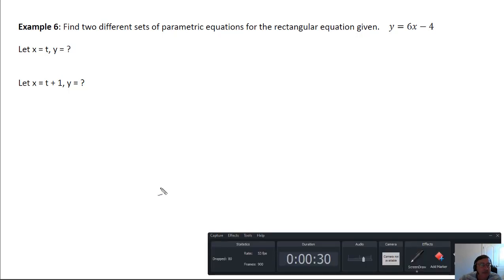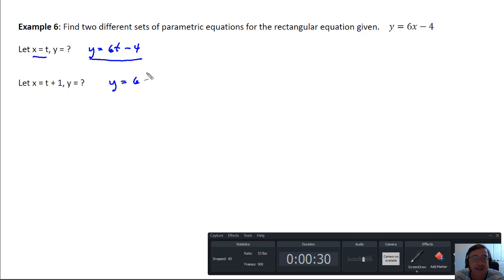All right, so for this first parametric equation, it says let x be t. So this one will be real easy to see here if you're looking up here at this equation. So you would get y would equal 6t minus 4. So your parametric equations for this would just be x equals t and y would equal 6t minus 4. Now, if x equals t plus 1, we could just take that and plug it in here to get another set of parametric equations for this.